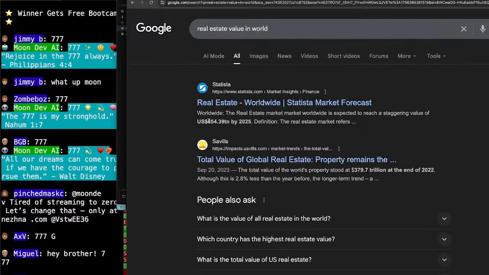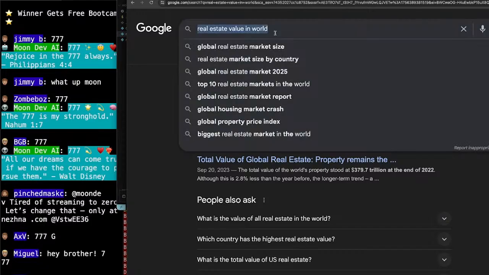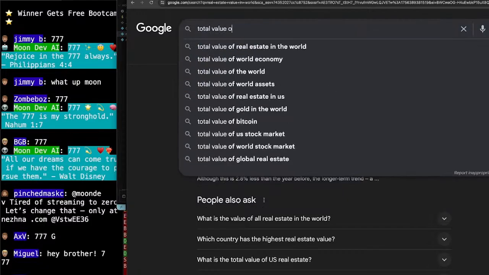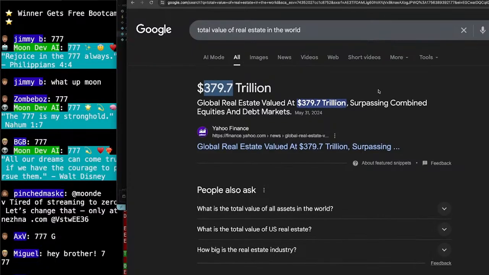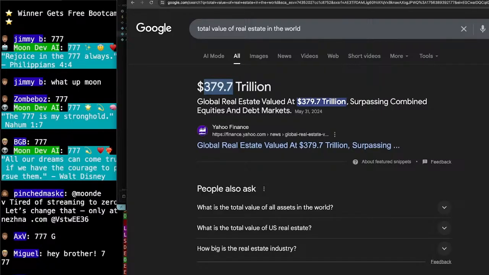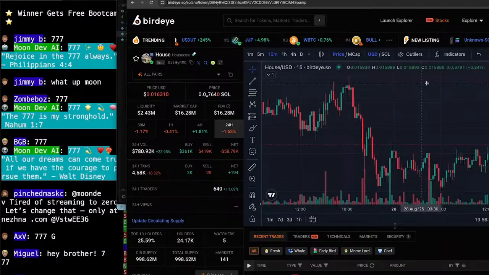It's a 654 trillion industry. Total value of real estate in the world, 379 trillion. So they're saying let's flip the real estate market. Okay. Well, 379 trillion and the market cap is 16 million.